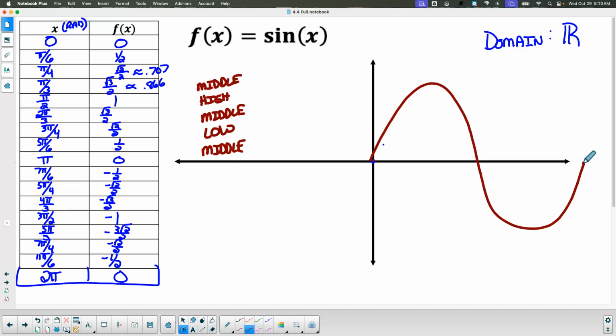You're going to need to graph on this graph every single time. You are going to need to put down your 5 key points. Your key points are that one, that one, that one, that one, and that one.